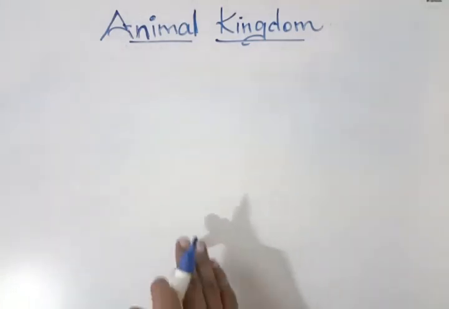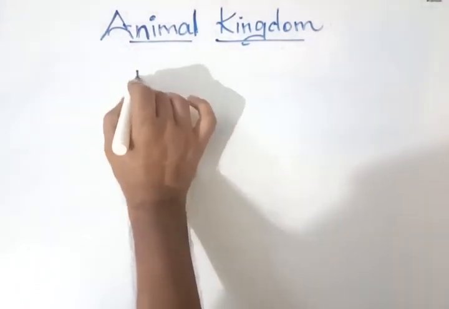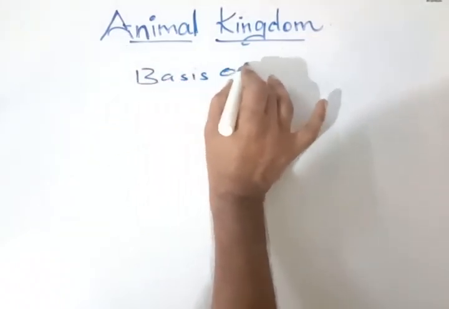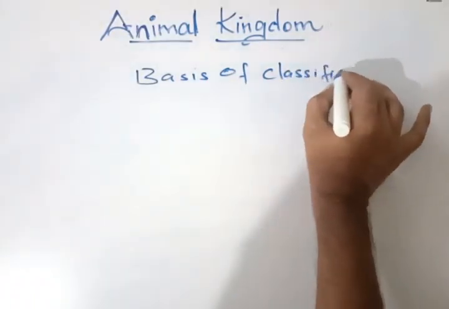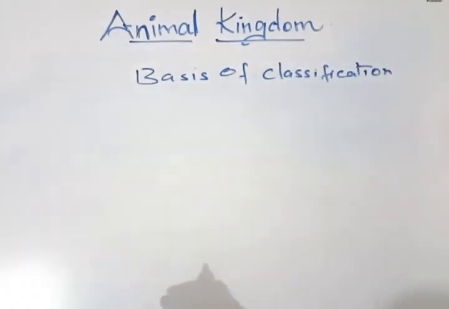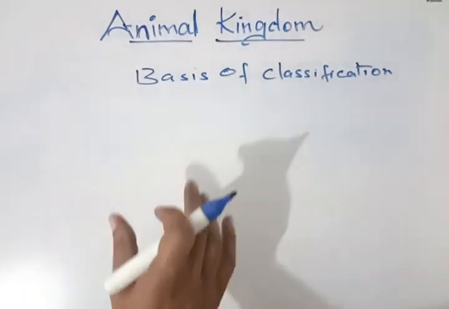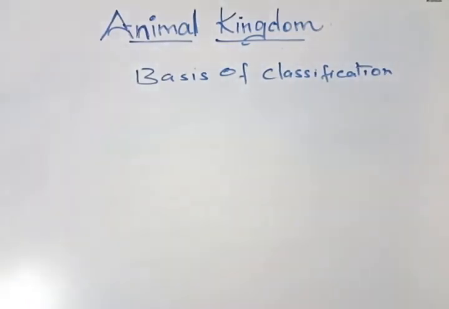So first, what you are going to study in this chapter is the basis of classifications. Under this basis of classification, you will come to know on what fundamental features the animals are being classified. Okay, so that is what the basis of classification is.